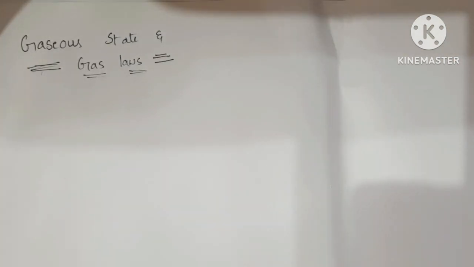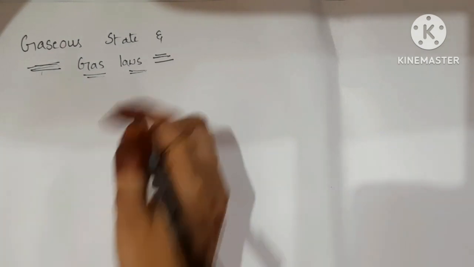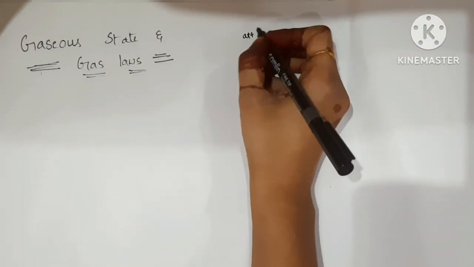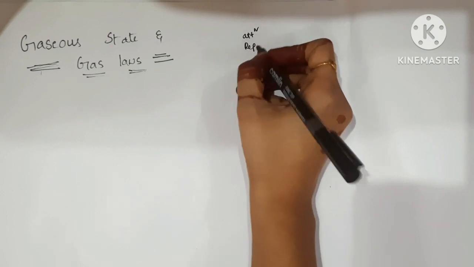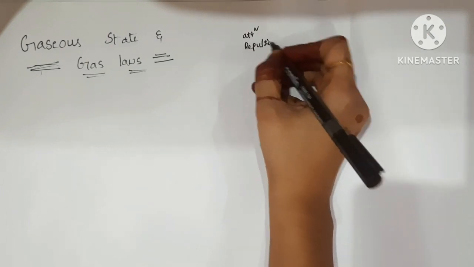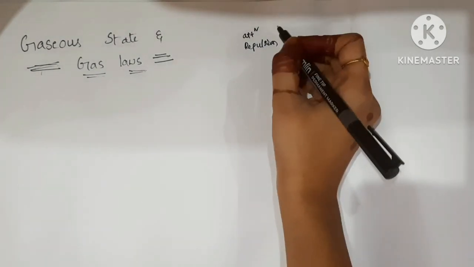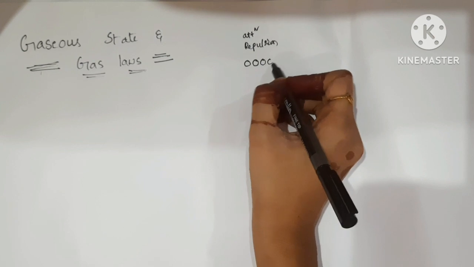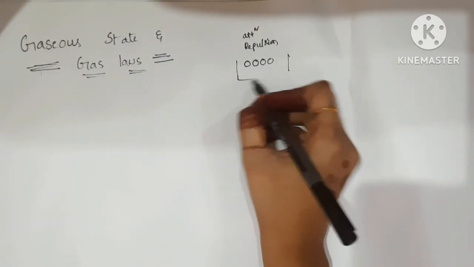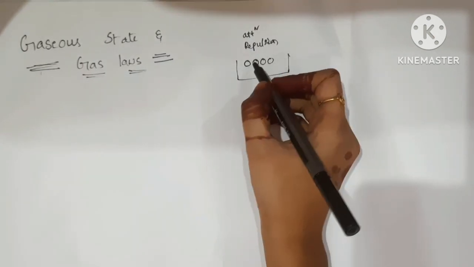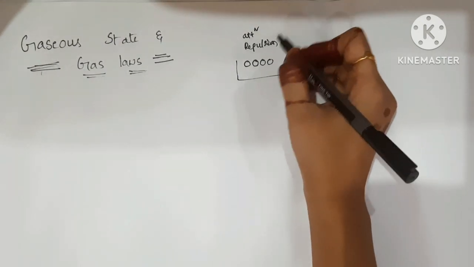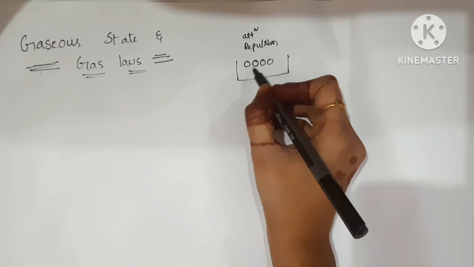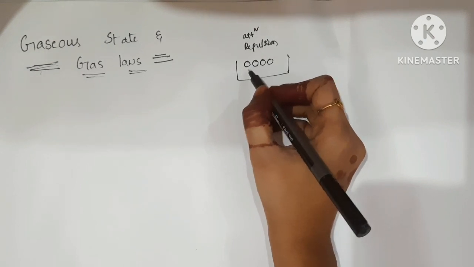So, what are intermolecular forces? Intermolecular forces means there are repulsions and attractions, the forces between the interacting particles present in the matter.